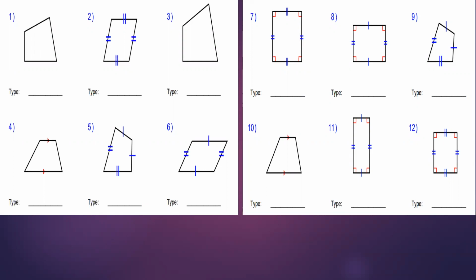This is a proper closing to this lesson. We need to be quizzed on the different types. So please do this now, and once you finish, take a picture of it and send it to me via WhatsApp, and then we're going to go over the answers once you're done.